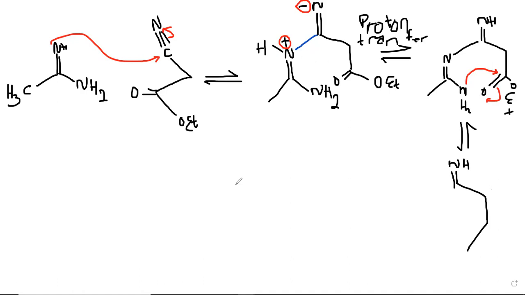So we can even count together. Nitrogen will be 1, then this will be 2, that would be 3, that would be 4, that would be 5, that will be 6.